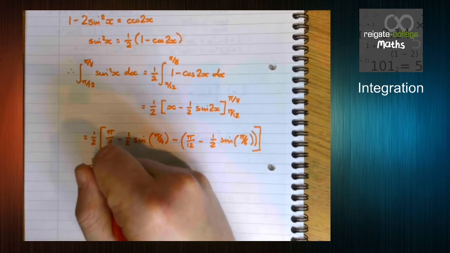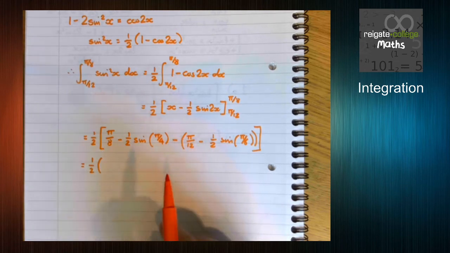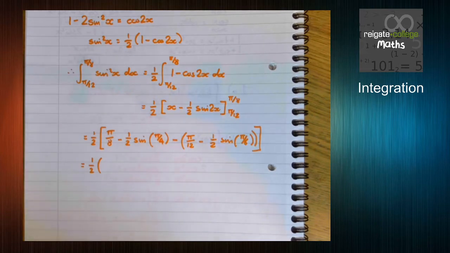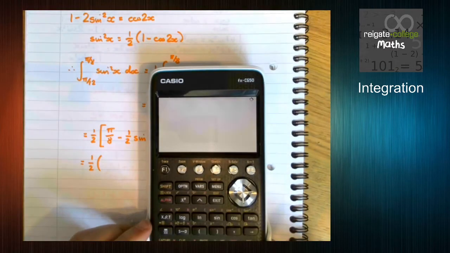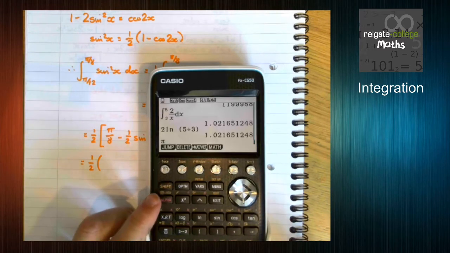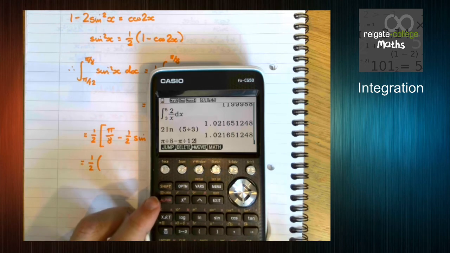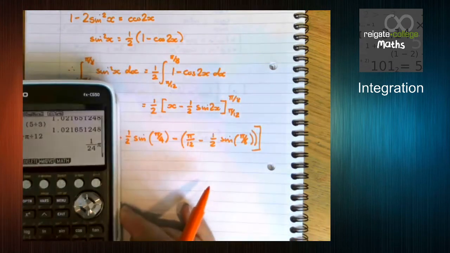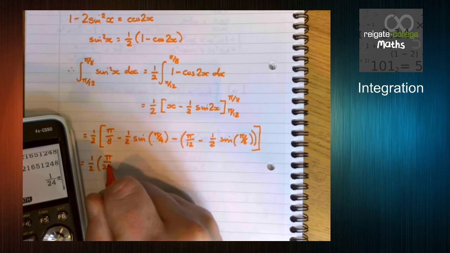So we've got a half. Now we've got pi over 8 minus pi over 12. Using our calculator, it tells us it's pi over 24.